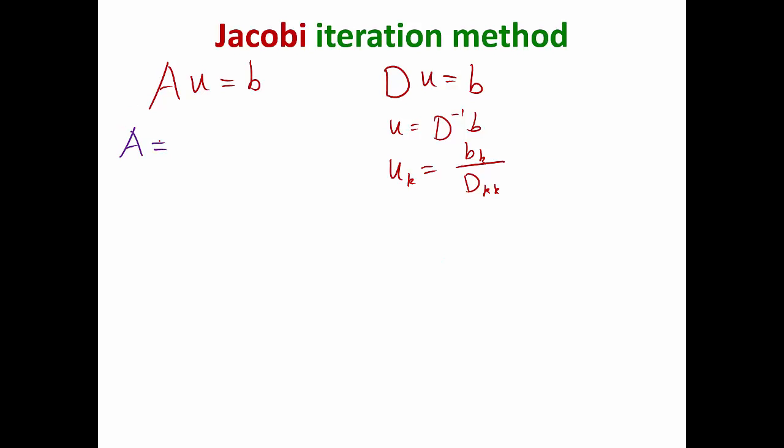A is going to equal, let me write it in a more general way, L plus D plus U, where L is a matrix that is equal to the matrix A for all the lower diagonal parts.